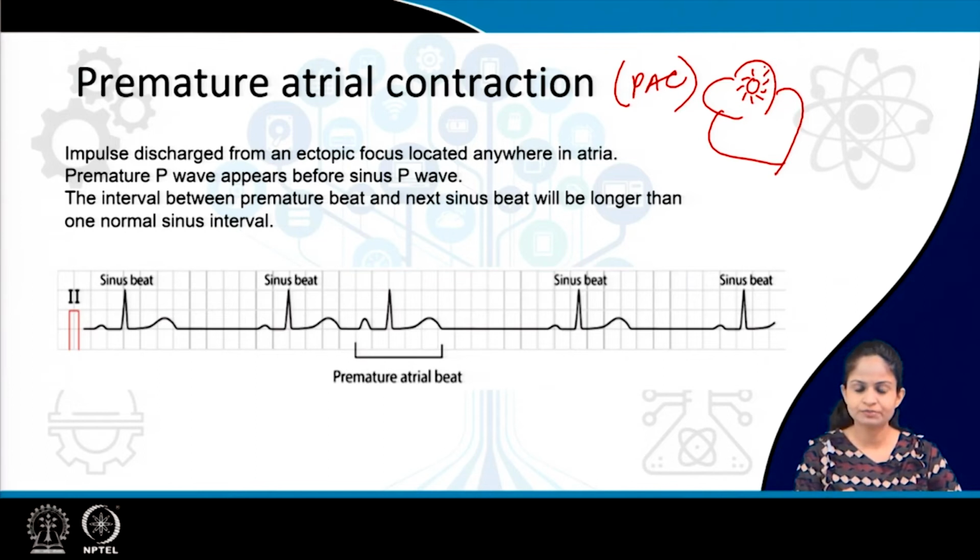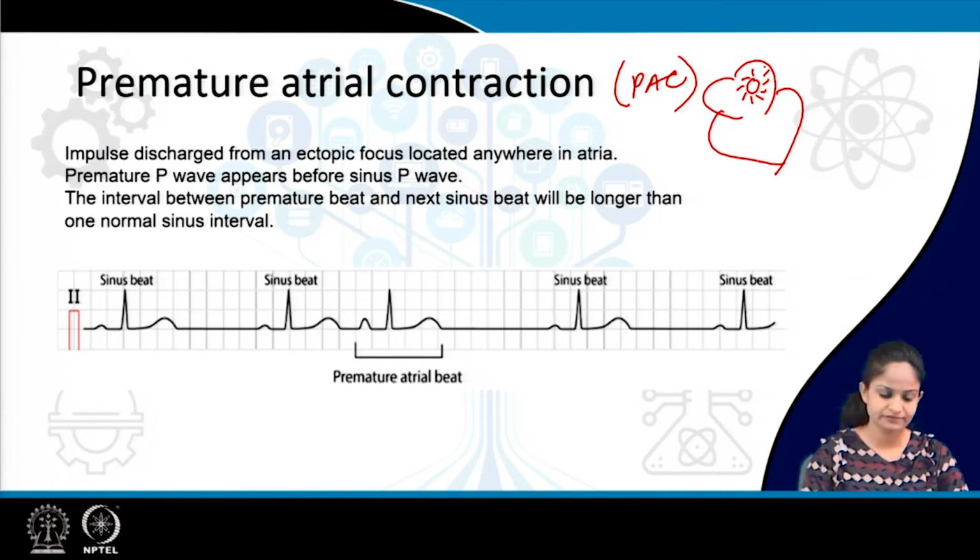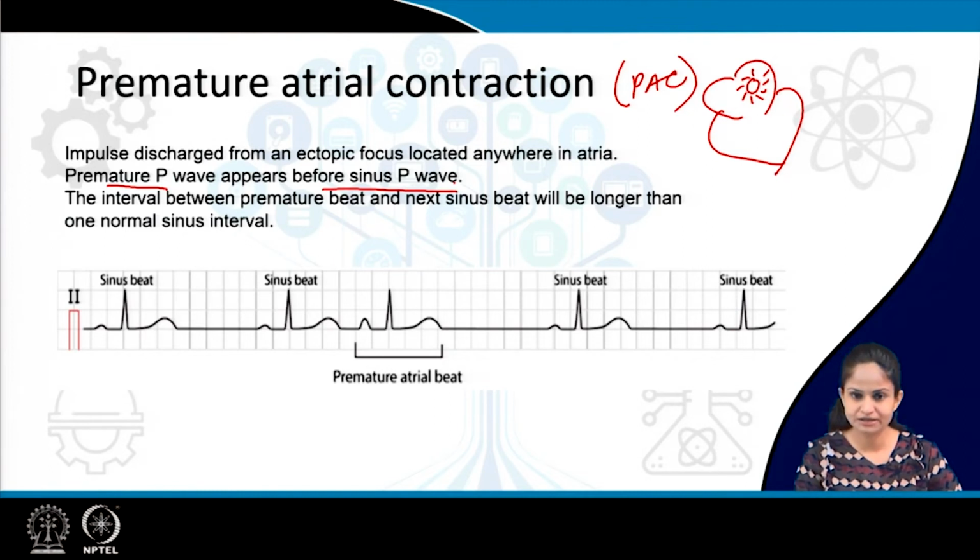The ectopic focus can be present anywhere at the level of the atria. That will give rise to a premature atrial beat, which is a P wave that always precedes the normal sinus P wave. The premature P wave appears before the normal sinus P wave.